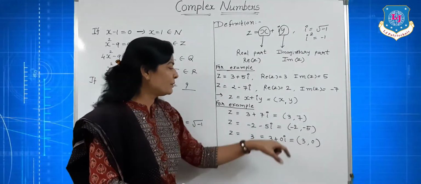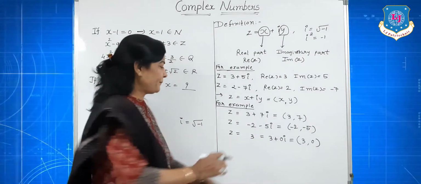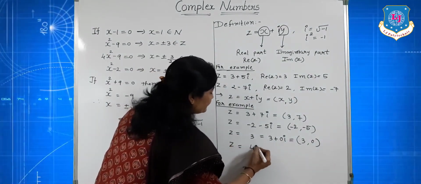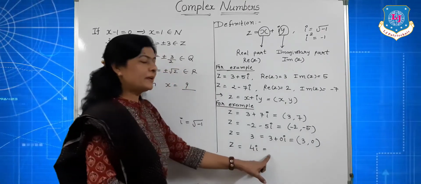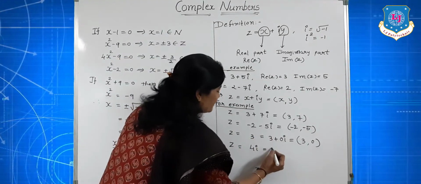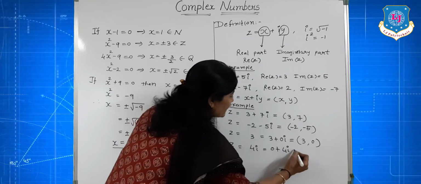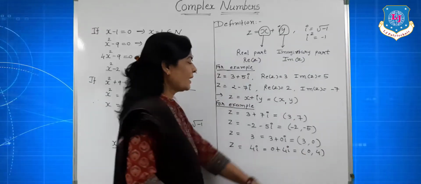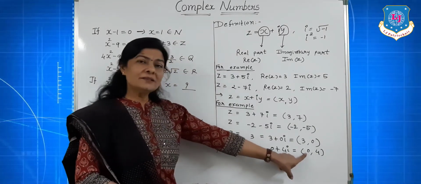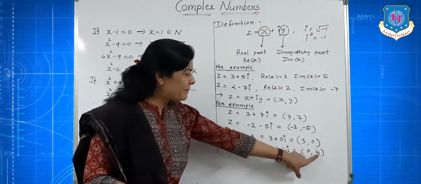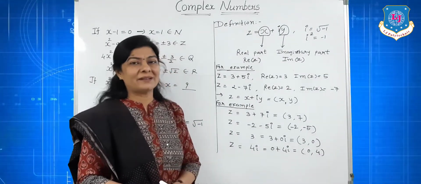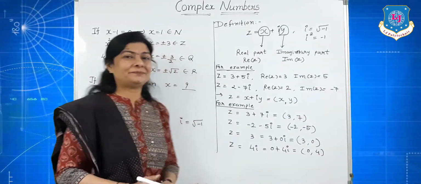So that is called purely real number. If z is equal to 4i तो इसको x plus iy के फॉर्म में लिखते हैं, तो 0 plus 4i is equal to (0, 4). तो यहाँ पे है real part 0 and imaginary part 4. So that is called purely imaginary number. Clear?